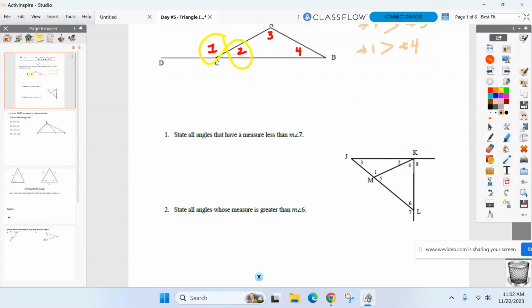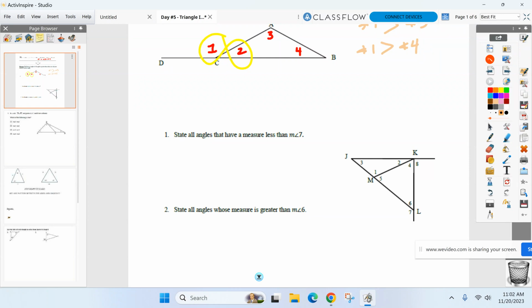You and your group right now, find me all the angles you can that you think are less than exterior angle 7. And if you want a challenge, I found 5. I have found 5 that are less than angle 7. Talk it over in your group. Name all the angles that are less than exterior angle 7. So talk it over.